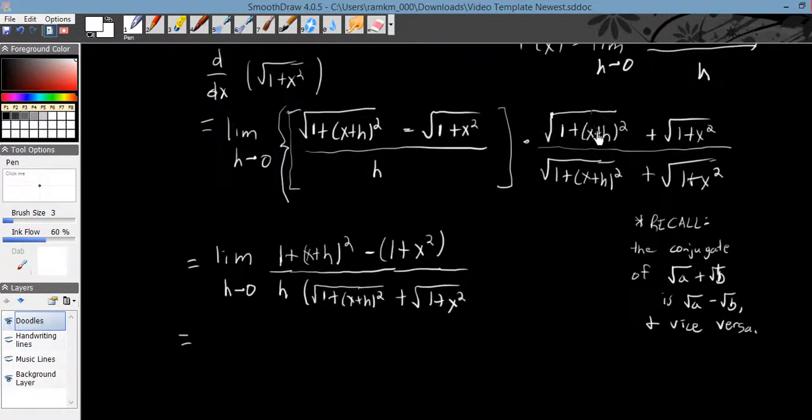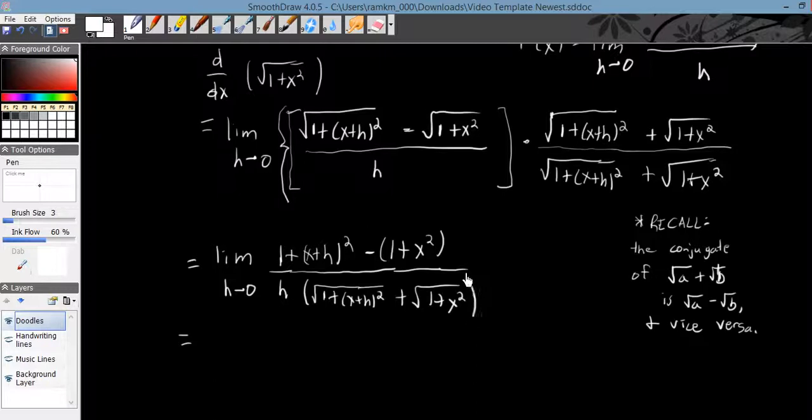So when we multiply and divide by the conjugate, in the numerator we'll just have the square of this expression minus the square of this expression. So the square of this expression is 1 plus x plus h, the quantity squared. The square of this expression is just 1 plus x squared. And in the denominator we'll have h times the conjugate itself here.